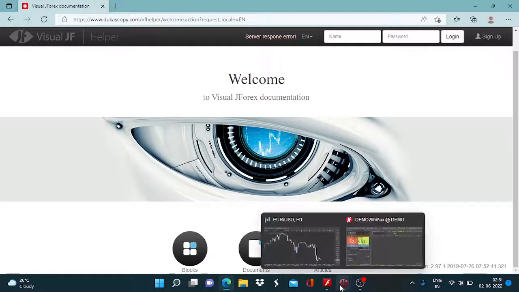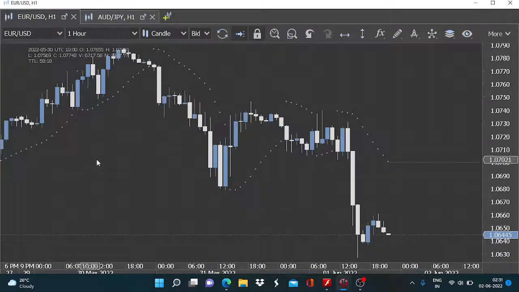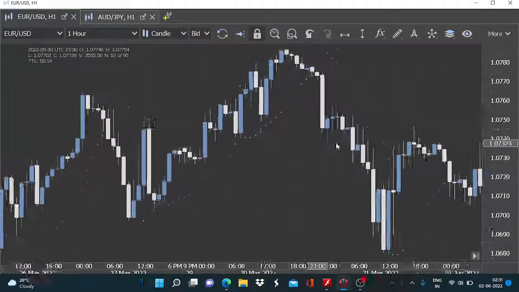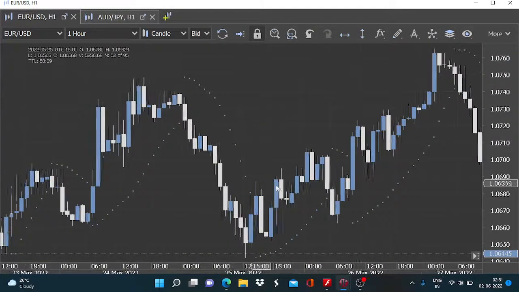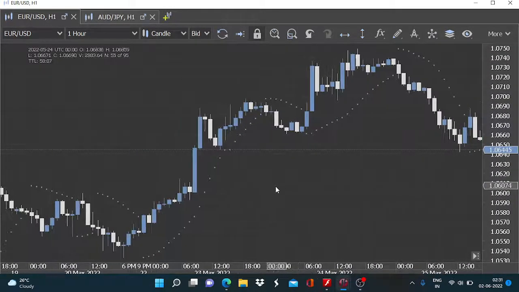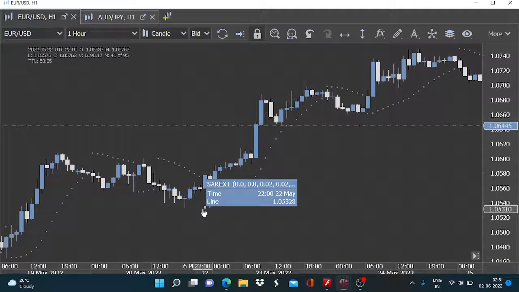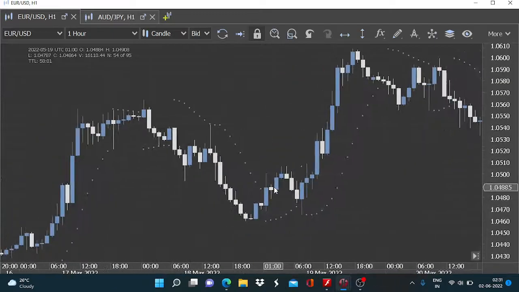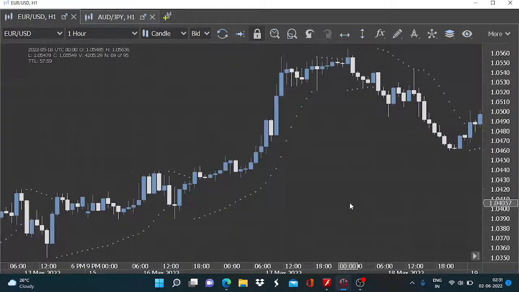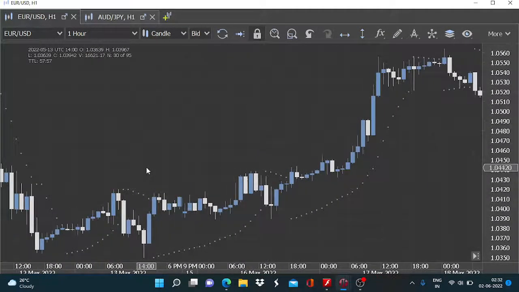This is a kind of refinement of the SAR, and you will see that unless there is a significant reversal in the price momentum, we don't really see directional changes happening on the SAR extended output. That is why this is more preferred compared to the parabolic SAR.